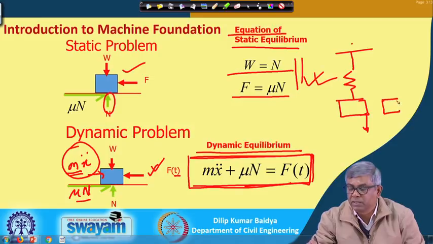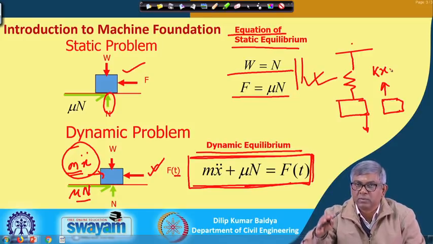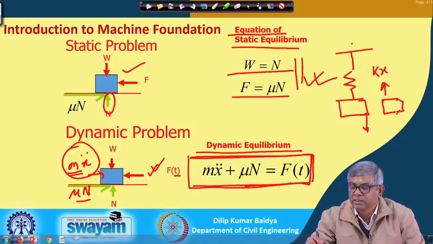If I draw the free body diagram and you have given only displacement, no force, then from the spring there will be a resisting force k times x in this direction. When you are pulling in this direction, the reaction will be in the upward direction, and since we have pulled this side, the inertia force will also be in this direction. So that will be m into x double dot.